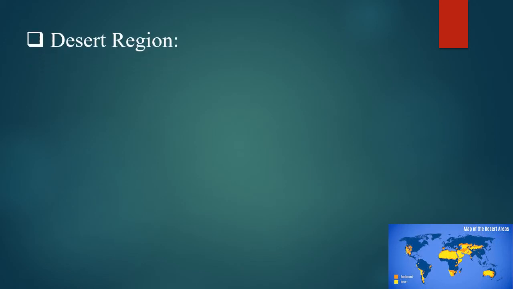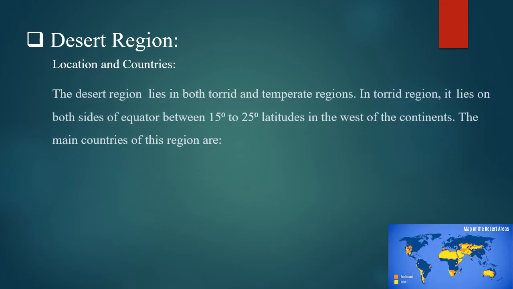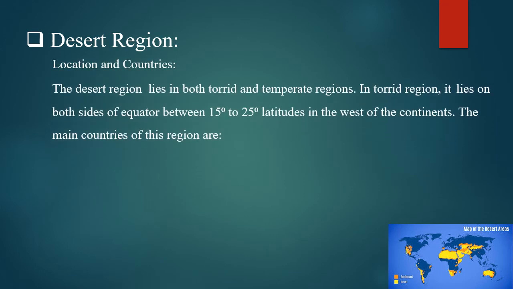A desert is a region of land that is very dry because it receives low amount of precipitation. Location and countries. The desert region lies in both torrid and temperate regions. In torrid region, it lies on both sides of equator between 15° to 25° latitudes in the west of the continents.